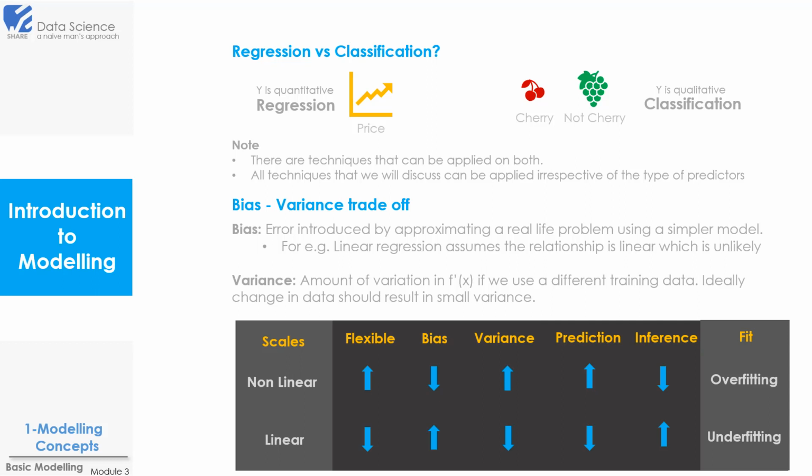Now on the other hand, if we choose a linear model, which is a simpler model, then the flexibility decreases. As a result, bias increases, which means there will be more mismatch between our estimated function, that is f hat x, and the actual function, that is f x. Now the bias is increasing, hence variance will decrease. As a result, the prediction accuracy will also reduce, but it will increase the inference or interpretability of the results.